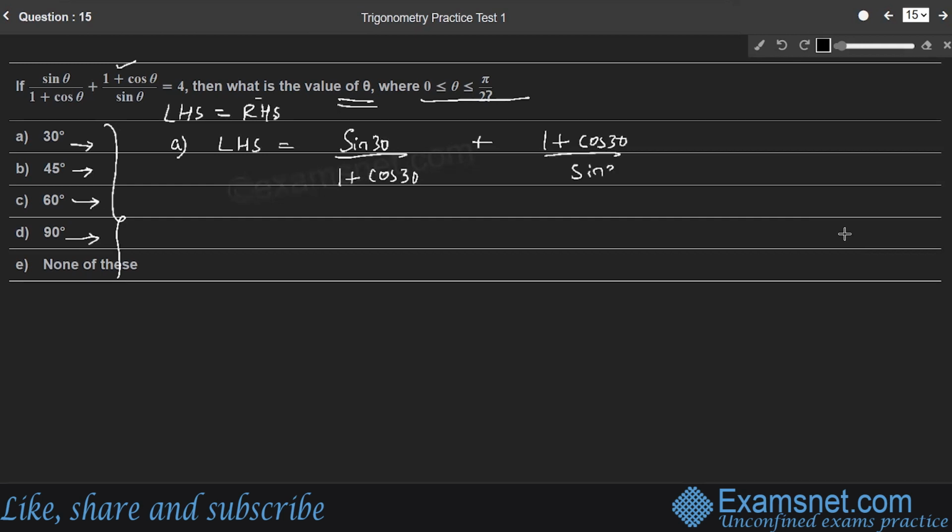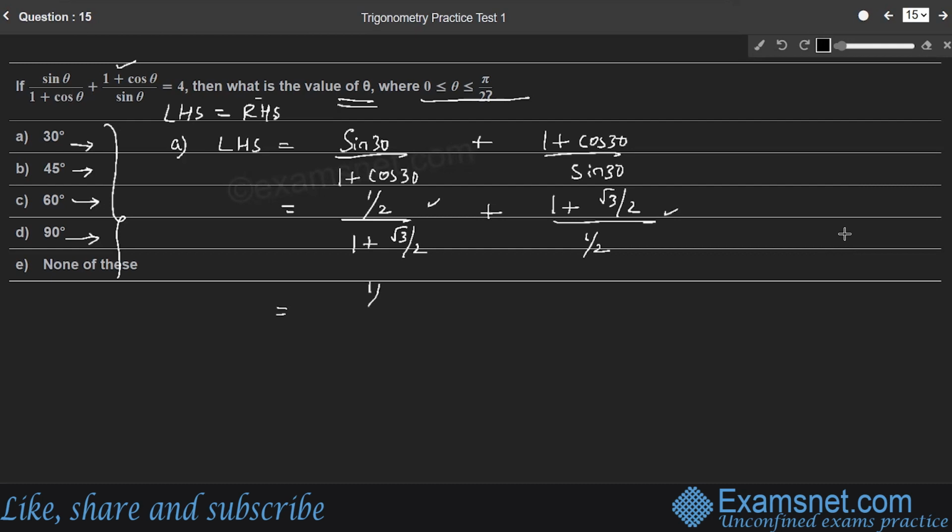What is the value of sin 30? It is 1 by 2, right? And 1 plus cos 30. Cos 30 is root 3 by 2. Plus second term becomes 1 plus cos 30, which is root 3 by 2, by sin 30, which is 1 by 2. Right? So directly you can simplify the terms separately.